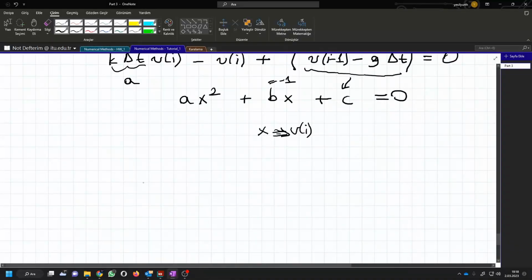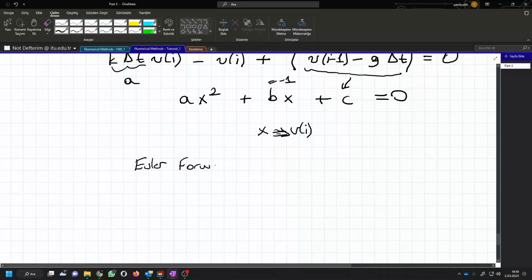If you are using Euler backward formula, you are both marching in time like the explicit Euler forward formula, and in every time step you are making iterations to calculate the current value of that state variable.